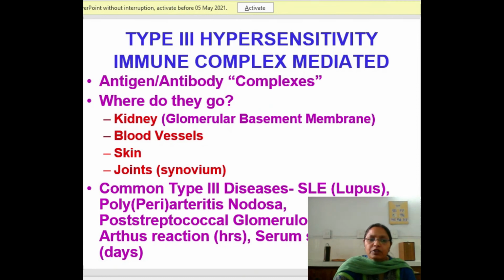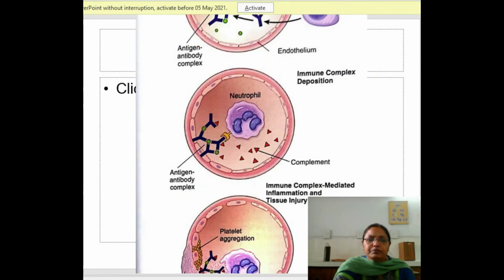Now this is the mechanism. The antigen antibodies are there in the vessel, and this complex will settle down in the vessels, in the basement membrane of the kidney.